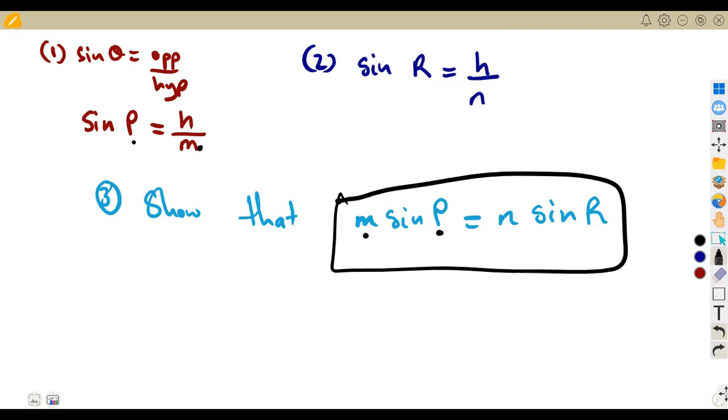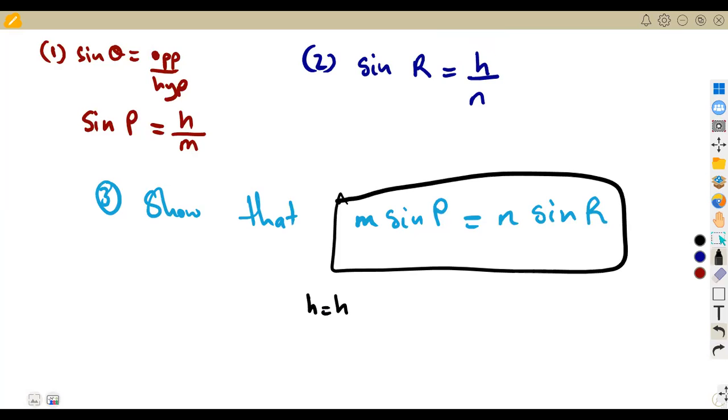H is not there. So what they simply did, what they want you to do, is they simply made H the subject. Since H is common and equal, it follows that H must be equal to H. There's no way that H cannot be equal to H, guys, okay?